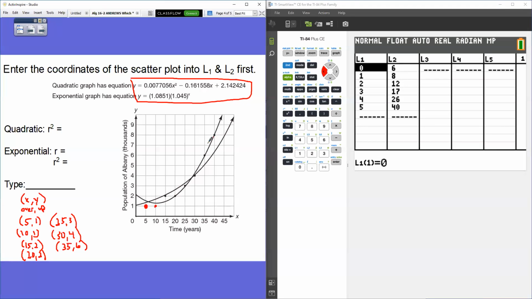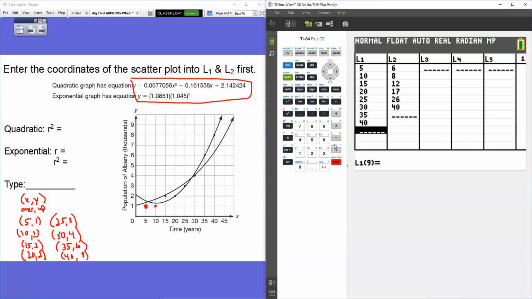And I see a dot at 40, 8. So these are the 8 things that I'm going to type into my L1 and my L2. So I have 5, 10, 15, 20, 25, 30, 35, and 40.